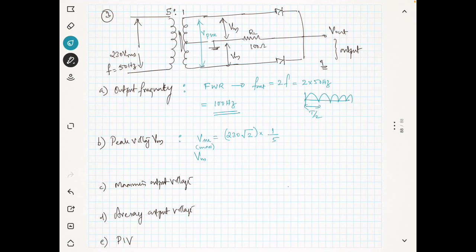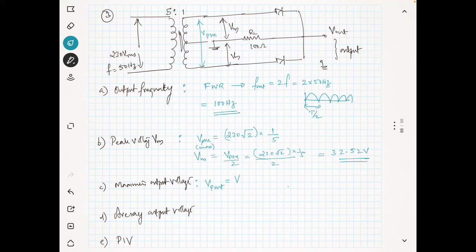So Vm is nothing but Vp secondary by 2. So this is nothing but 230 square root of 2 into 1 by 5. Now you are dividing everything by 2, so you will get this answer as 32.52 volt. So this is now the maximum output voltage Vp out. You can easily find it.